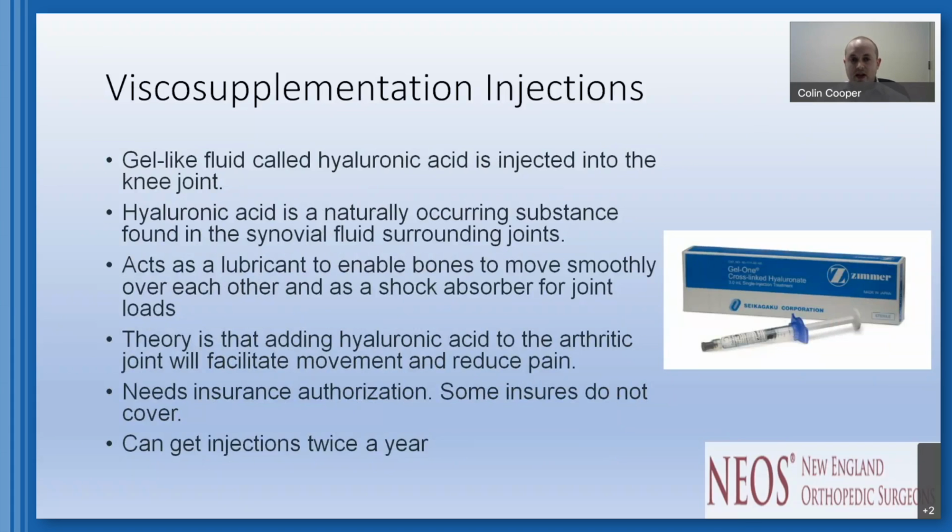It's a naturally occurring substance found in the synovial fluid, or the joint fluid, of the knee, and it's thought to act as a lubricant and enable the bones of your knee to move more smoothly, as well as act as a shock absorber. The thought is that patients who have arthritis have less of this hyaluronic acid in their knee, and this can replenish that. Also, there are some anti-inflammatory components to the injections as well.